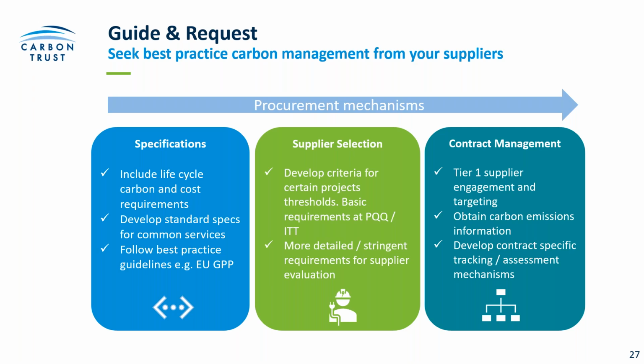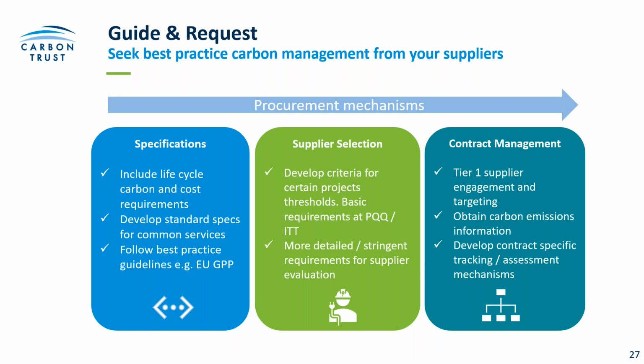So thinking about some of the key steps of a public procurement cycle, firstly, how the service, the product or the project is specified in the first place is critical to the carbon credentials of its design or delivery. If there's nothing in, say, the tender docs that says a supplier needs to deliver the service or the project in a certain carbon friendly way, say to a particular specification or a threshold, then you're really on the back foot already.